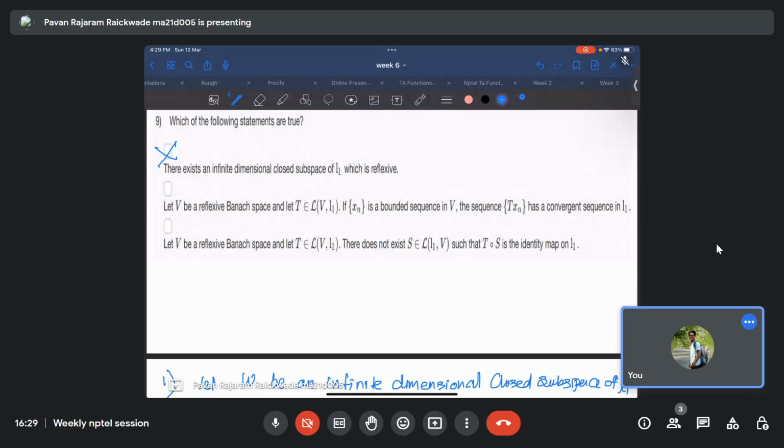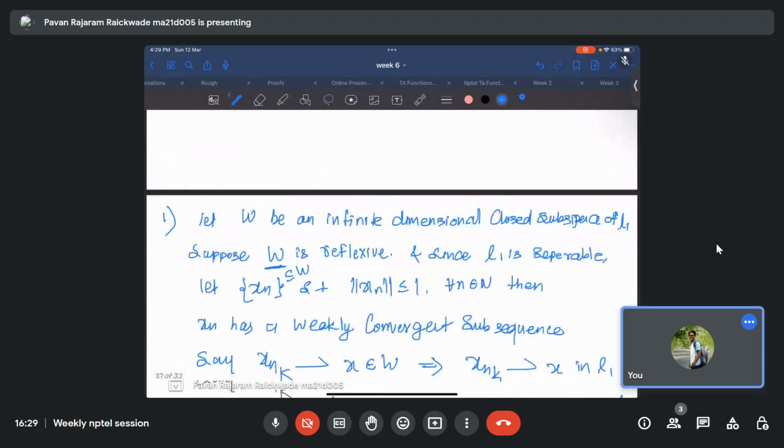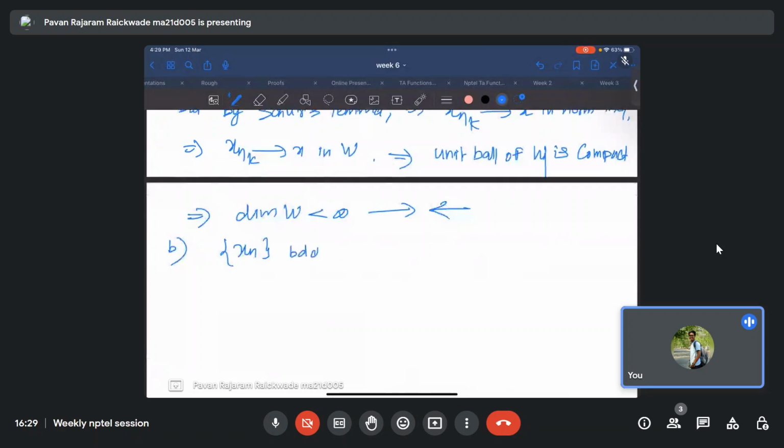Xn bounded in V implies Xn has a weakly convergent subsequence, by reflexivity of the Banach space, say Xnk.